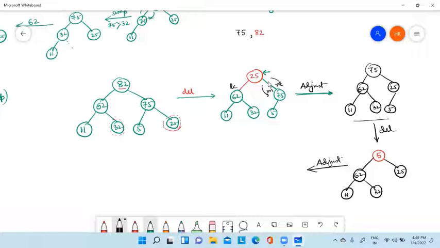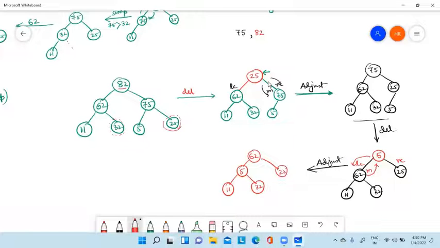So what is the logic of adjustment? Among this left child and right child, which one is maximum? This one is maximum. So compare with this and interchange. After interchanging, we will get 62 in this position. Here comes 5, here 11, 32, and on this side 25.